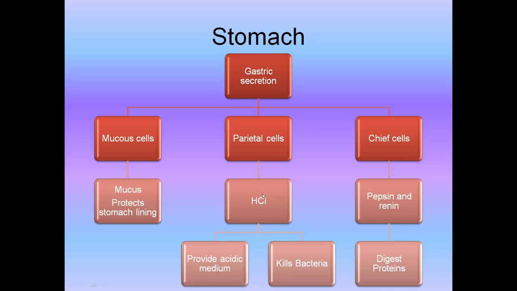Acid is also being secreted, so this mucus lining protects the wall of the stomach from HCl as well as from the protein digesting enzymes, that is pepsin and renin. HCl provides an acidic medium and kills the bacteria which come along with the food. And pepsin and renin are the digestive enzymes meant for digestion of protein.